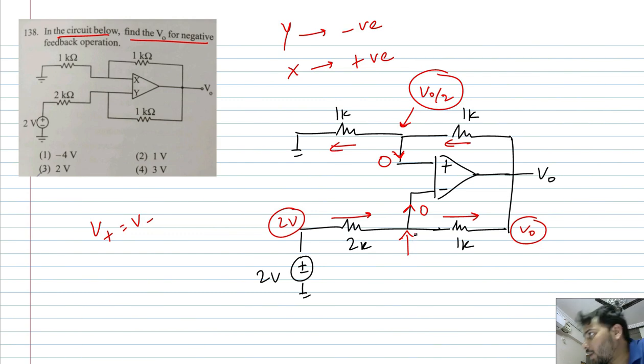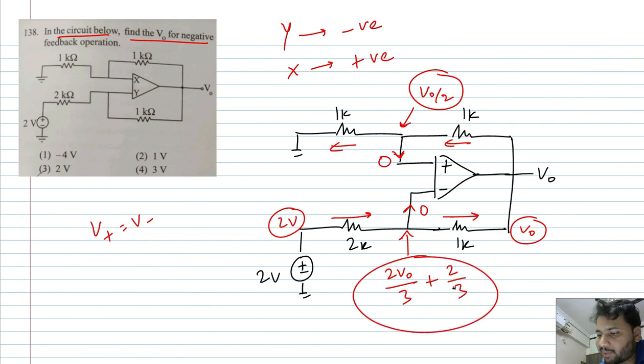So let us directly write the voltage at this point through that superposition thing. So voltage at this point will be 2V0 by 3 plus 2 by 3. And this 2V0 by 3 plus 2 by 3 is nothing but V minus, whereas this V0 by 2 will be V plus. So here, in place of V plus, I'll write V0 by 2.